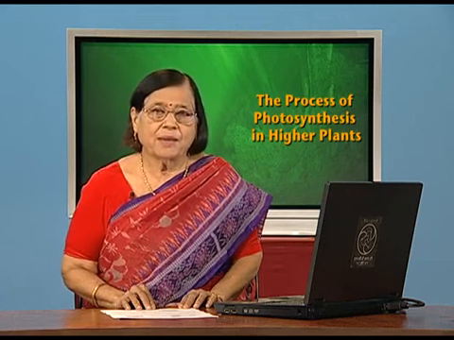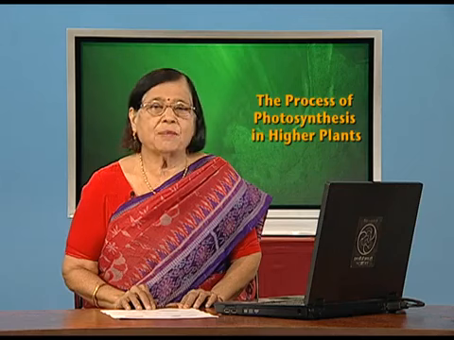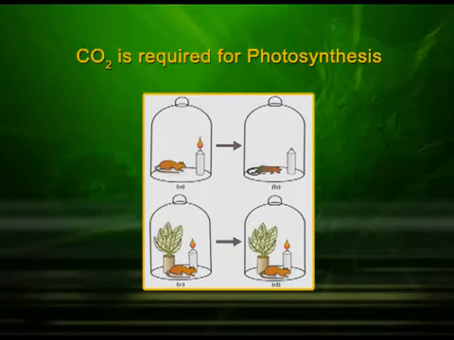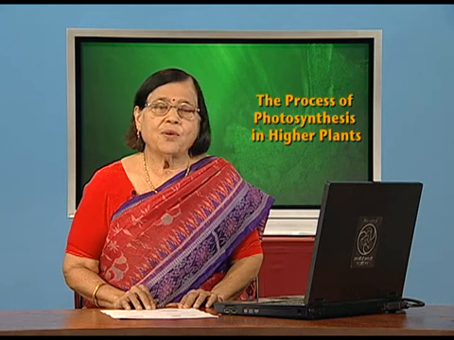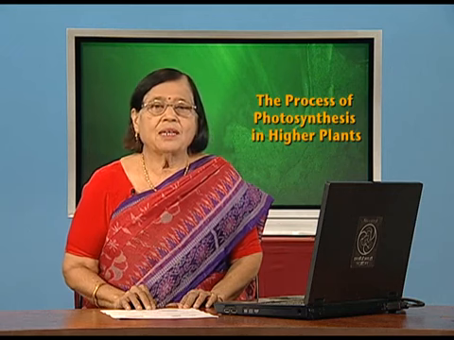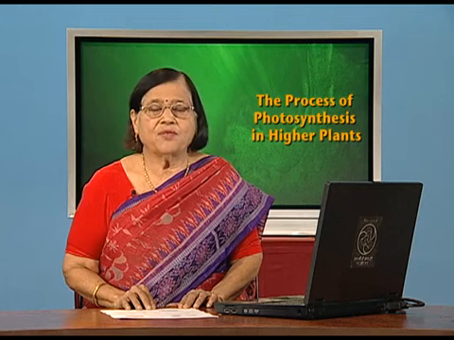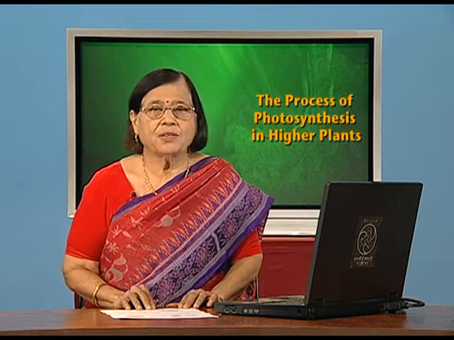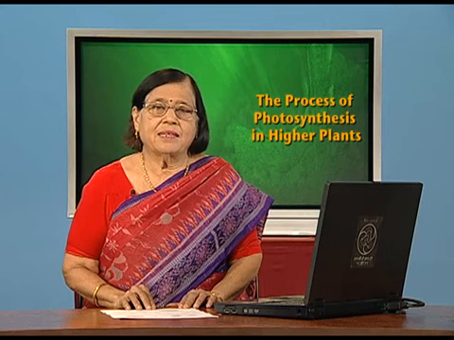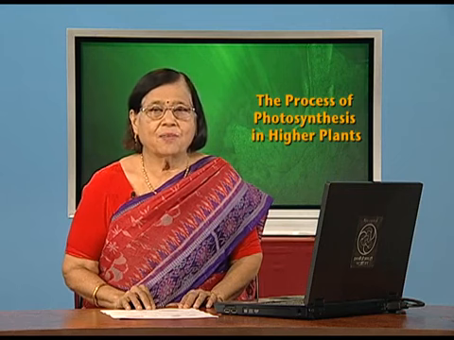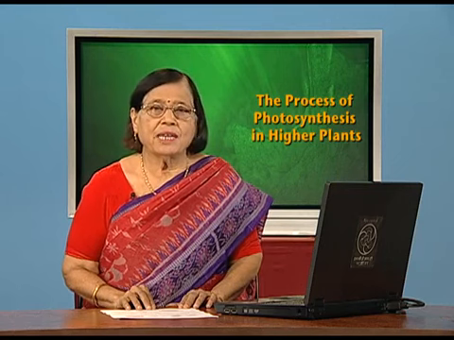Using this information in the background, one more experiment was planned. In the bell jar, one candle burning, one rat alive and one small mint plant. Now, if you use your past knowledge, the rat is utilizing oxygen for respiration, giving out carbon dioxide. The candle is using oxygen for burning and giving out carbon dioxide.